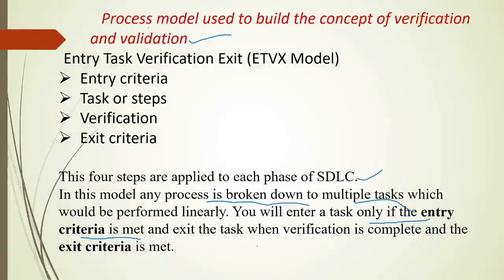Next, you exit a task when verification is complete and the exit criteria is met. So when you are coming out of the design phase, you should have all the design documents, which will be useful in the further phases.